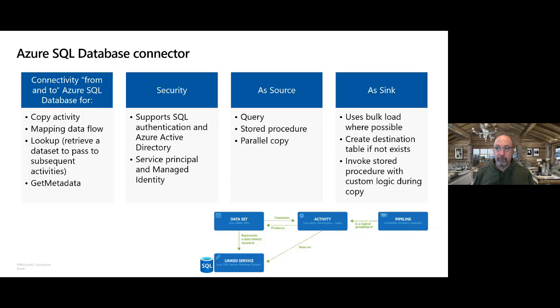And for this, Azure Data Factory by default is using bulk load wherever it's possible, and we will see how. And it can create a destination table if this doesn't exist.